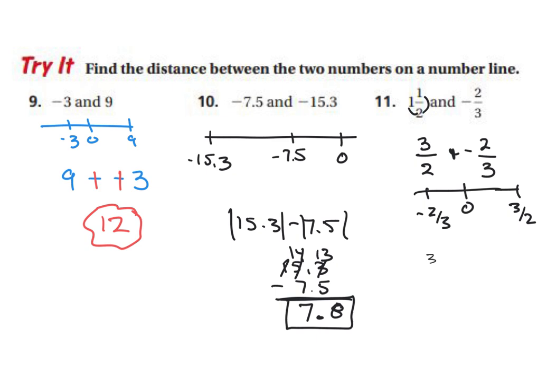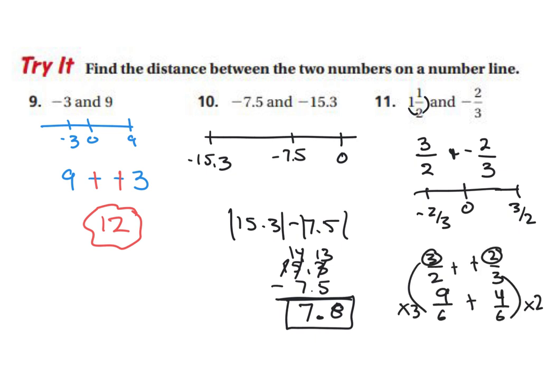So when we do 3 halves minus negative 2 thirds, we chop chop. That actually becomes adding. And then we finally just find common denominators. On the left side, we multiply by 3, so 3 times 3 is 9. On the right side, we multiply by 2. 2 times 2 is 4, so we end up with 13/6.